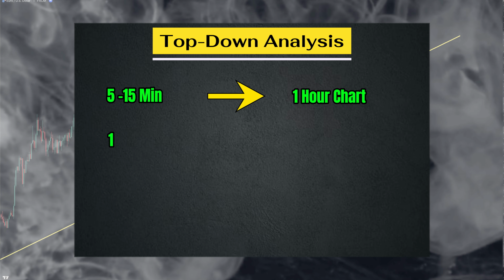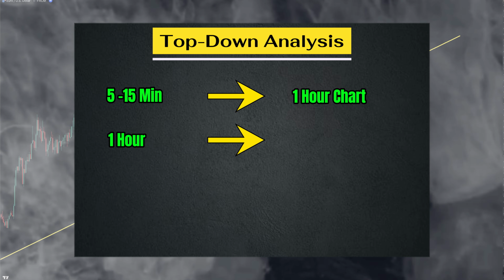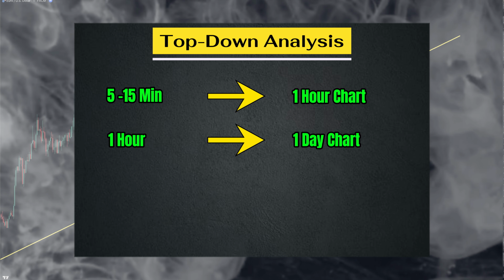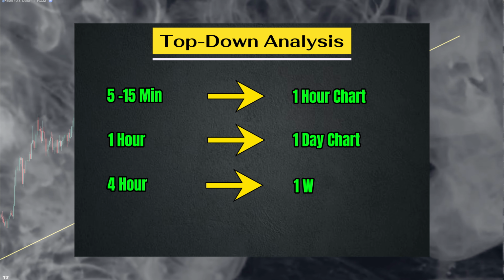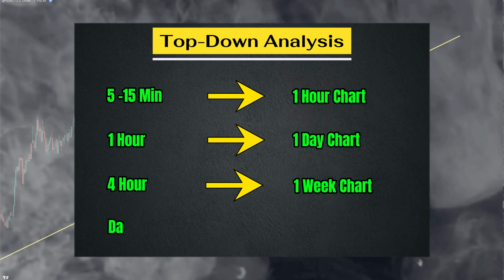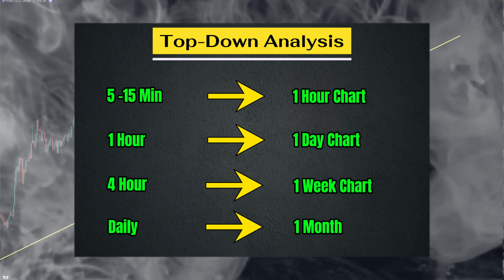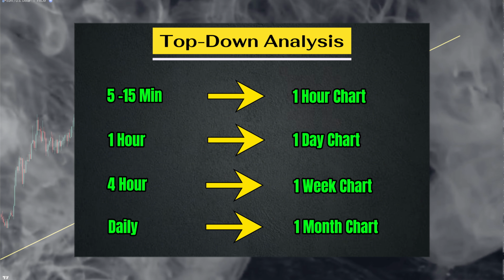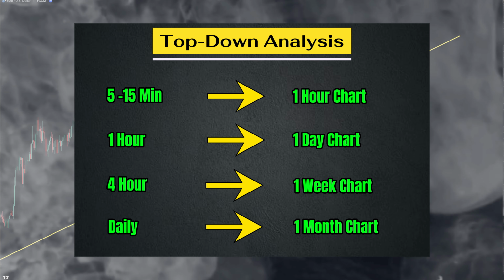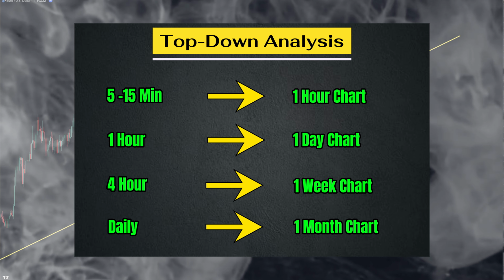If you're trading on the hourly chart, your higher time frame is the daily chart. For swing traders using the 4-hour chart, the higher frame is the weekly chart. And if you're trading the daily, zoom out to the monthly to spot long-term trends. This structure helps you align your entries with the bigger picture, which gives your trade a higher chance of success.